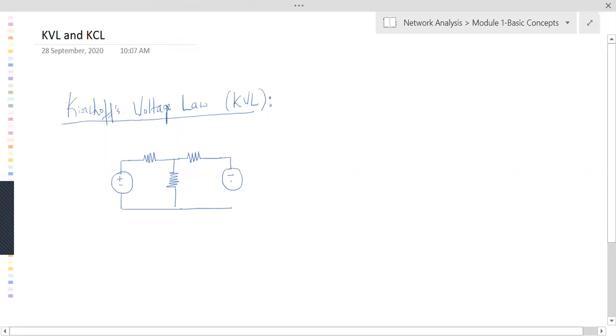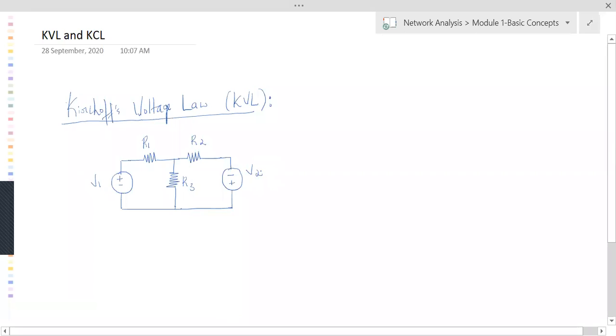Let's say this is minus and plus. Everybody just observe this. You have three resistors. Let's call these resistors R1, R2, and R3. There are three resistors connected. Let me call this voltage V1 and this V2.